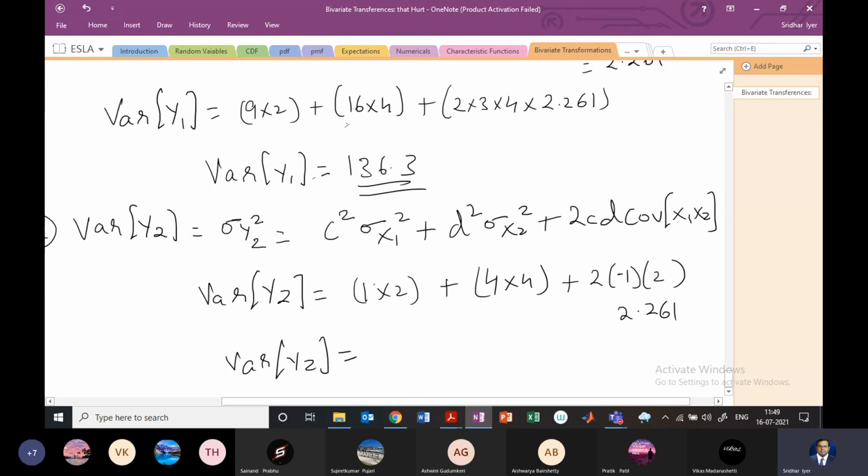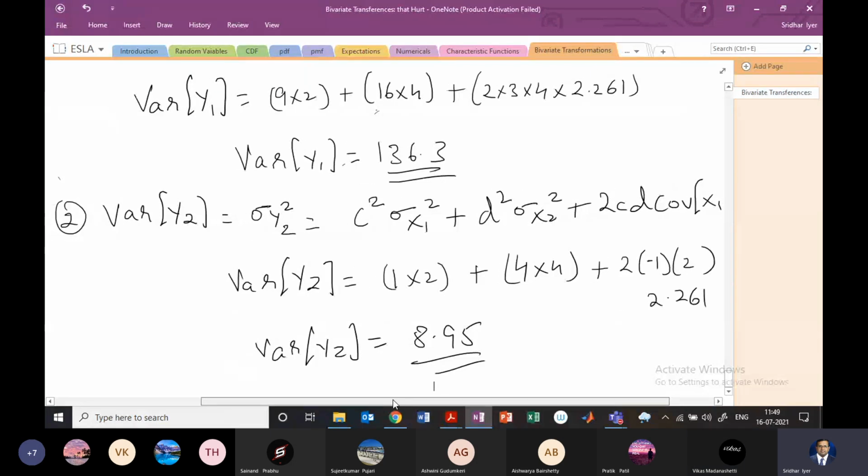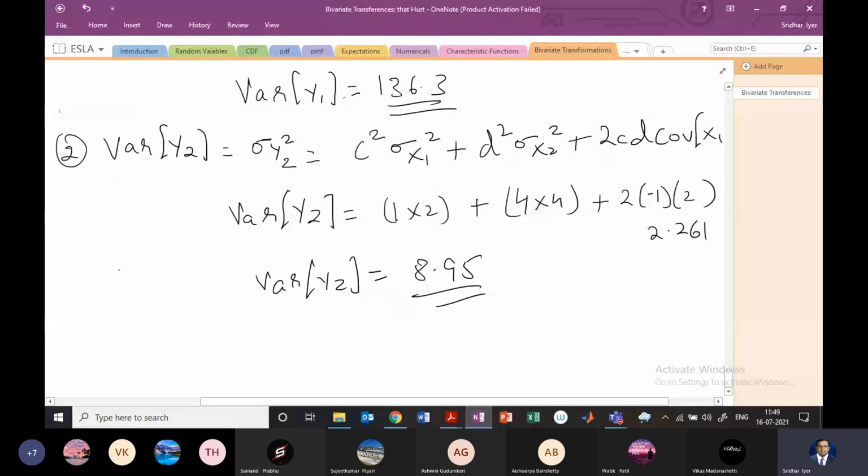Get some 8.95. Do you get something like that? Somewhere around that value. Let's check. Yes. Around 8.949 something. So approximately 8.95.